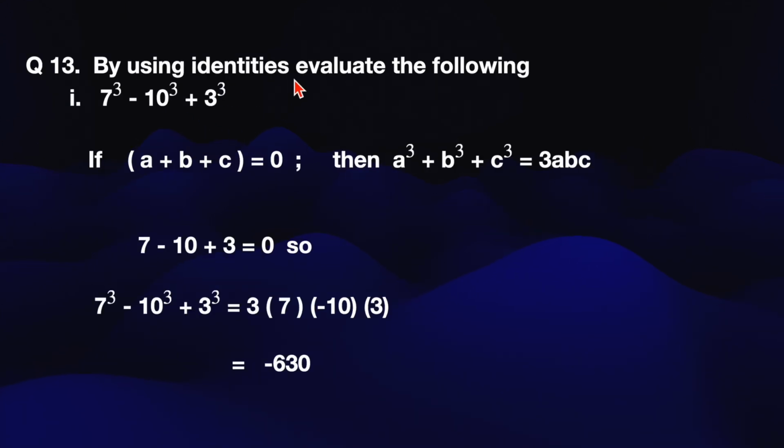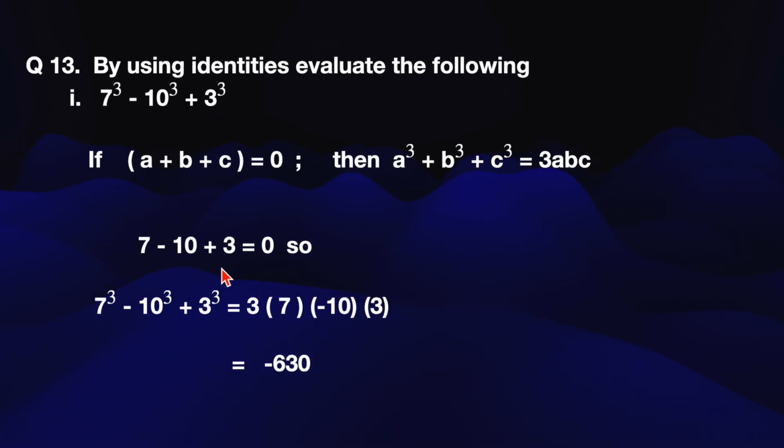By using identities, evaluate the following. So 7 cube minus 10 cube plus 3 cube. So this is one of the identities. If a plus b plus c is equal to 0, then a cube plus b cube plus c cube is equal to 3 into a into b into c. Okay, now let us check. Here the value of a is 7, b is minus 10, c is 3.